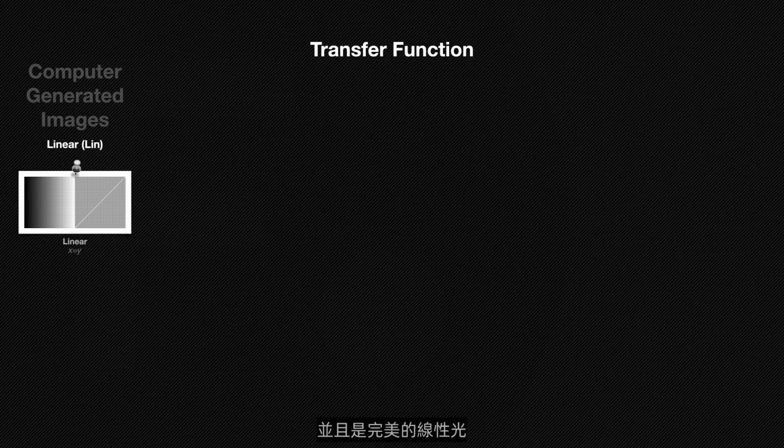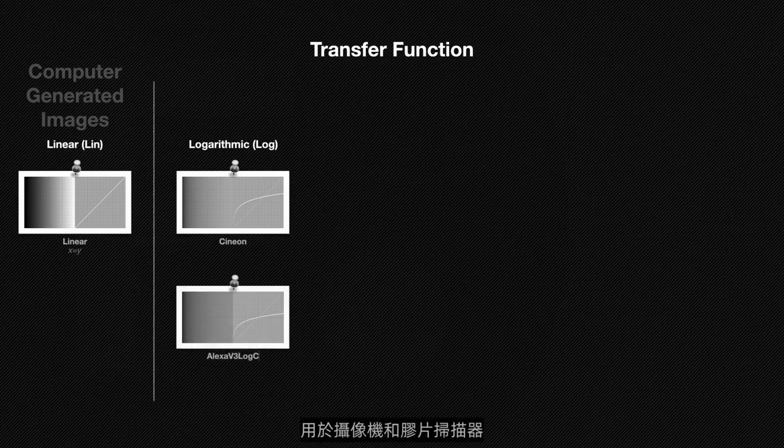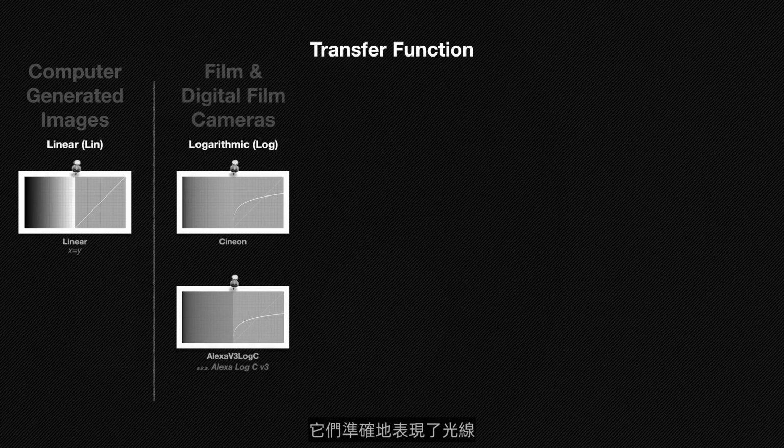A perfect linear light. Then you have the logarithmic or log functions. They are used for cameras and film scanners as they accurately represent the behavior of light in relation to sensitivity and the perception of detail for the different exposures.